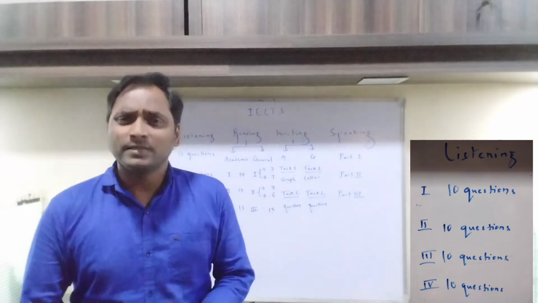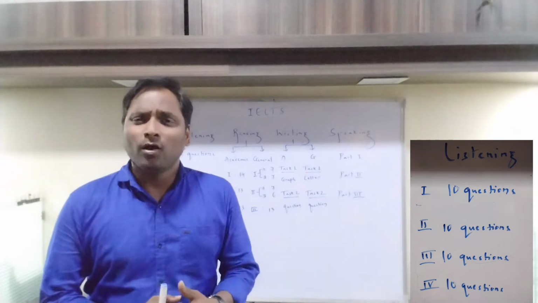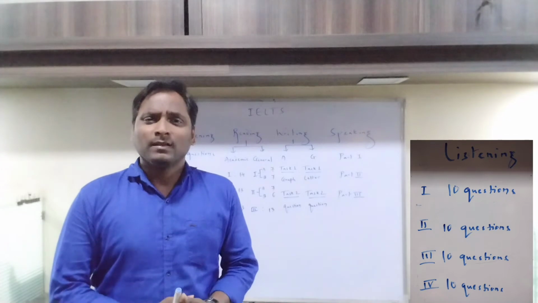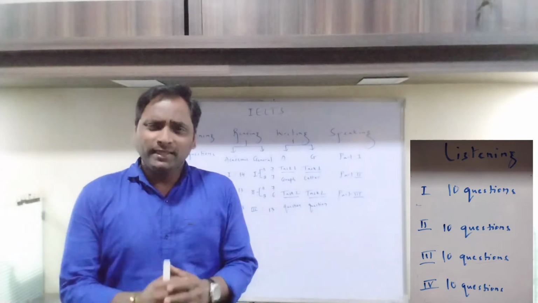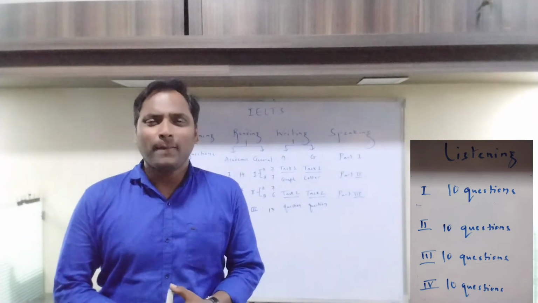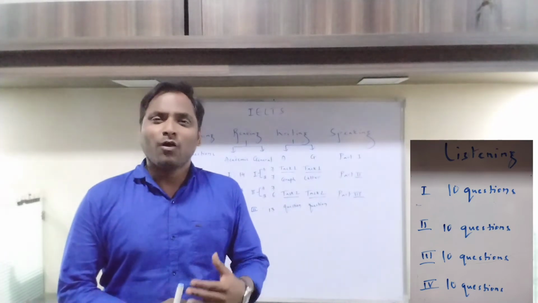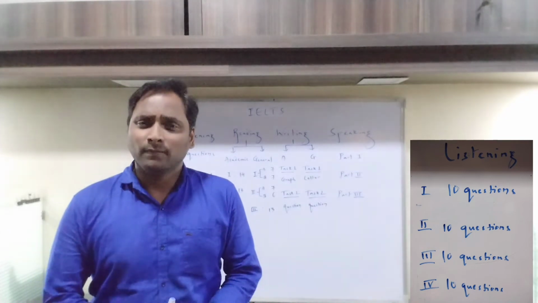In section 2, it's more like section 1. In section 3, it is a dialogue between two individuals. And then in section 4, it is more of a monologue. So in this way, IELTS listening is a very interesting part wherein the difficulty level keeps on increasing from section 1 to section 2, then section 3 and then section 4.